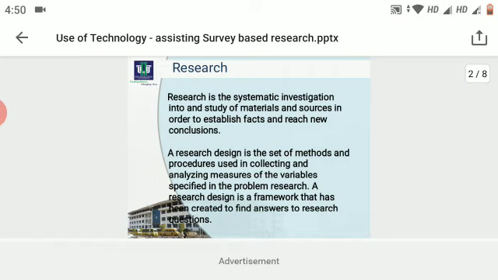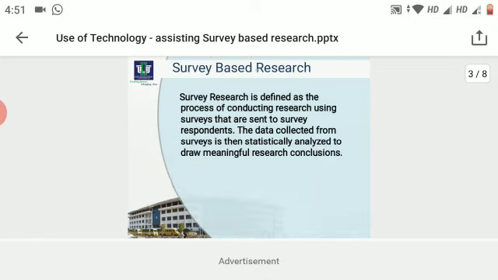So we have some specific objectives or a specific problem to find the solution for. For the achievement of those objectives, we have to go by some specific methods, and the selection of those methods all come together as a research design.